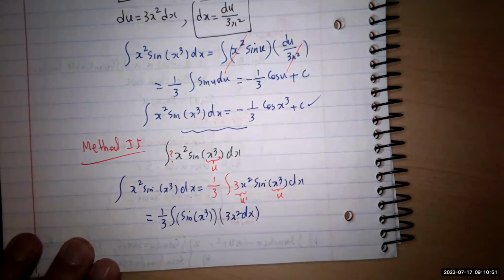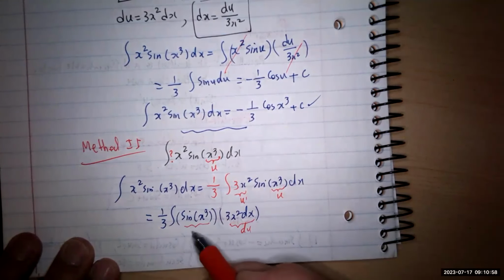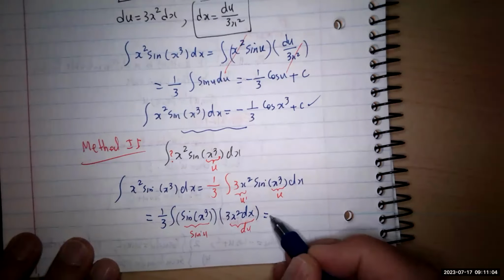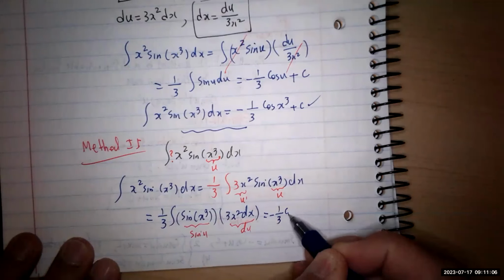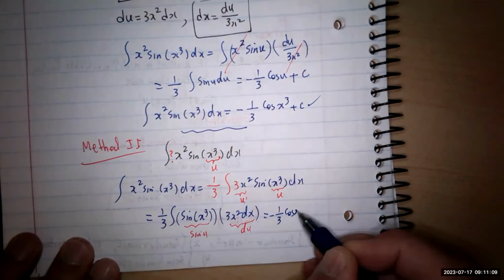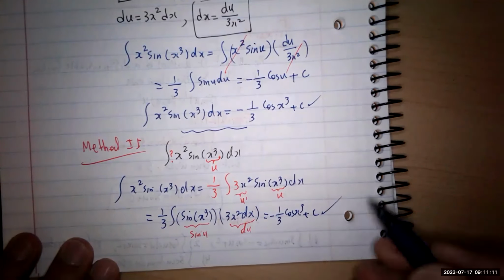Now you got it, this is du, and this is simply sine u. You know that the integral of sine is negative cosine, so we get negative 1/3 cosine of x cubed plus the constant c, and you got it.